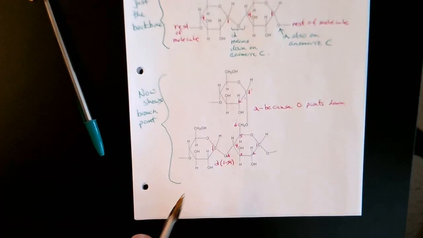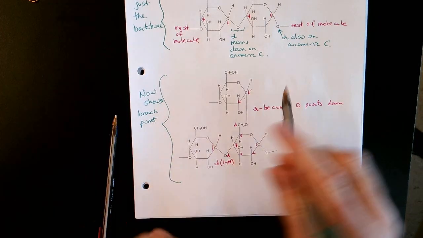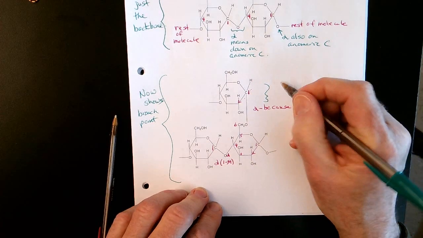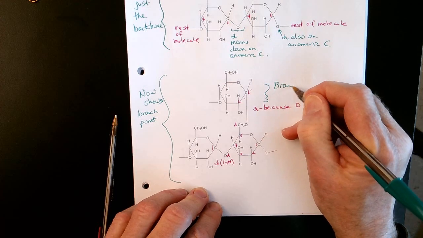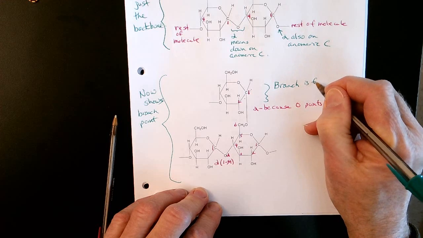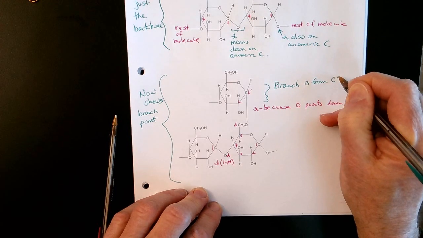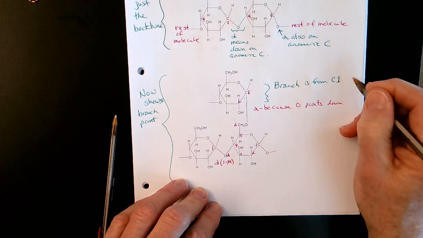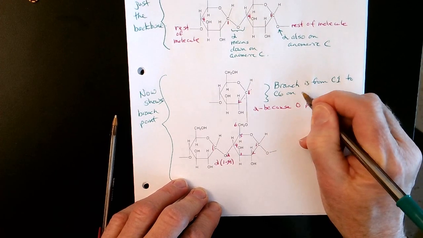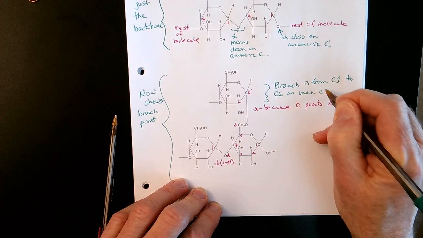It's 1, 6. So the branch is what we're talking about in this zone right here. This whole thing right here is from carbon 1 on the first ring to carbon 6 on the main chain.